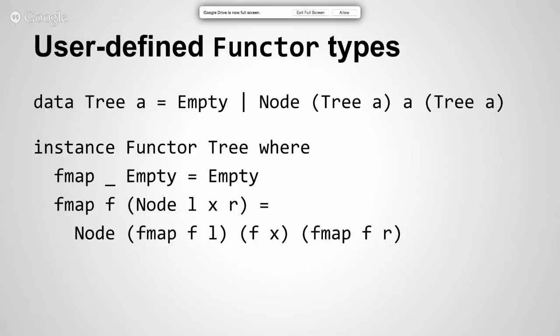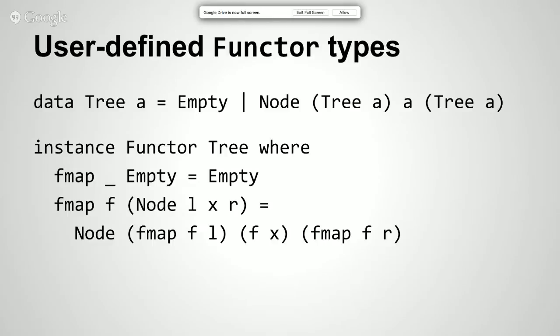You can define functor on your own user-defined types. So here's a tree, and we want fmap id to be id. So that means it has to map empty to itself. And if it's operating on empty, it can't look at the thing. So we get that fmap of anything on empty equals empty.